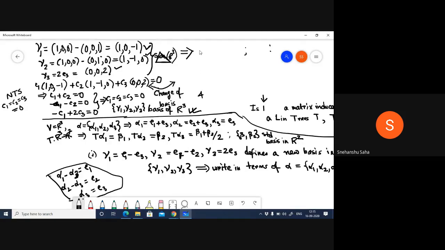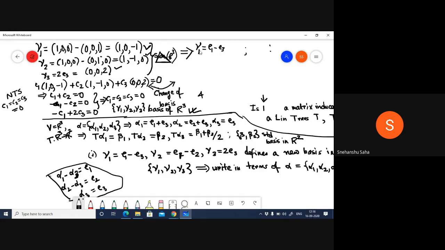So what we do is we write gamma 1. We have the original expression of gamma 1, which is whatever is defined to us, right? Now, gamma 1 is E1 minus E2, right? Now, do I know what is E1? Can I express E1, E2, and E3 in terms of alpha 1, alpha 2, and alpha 3?